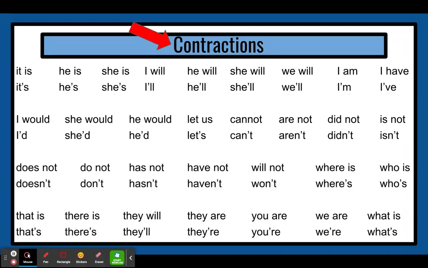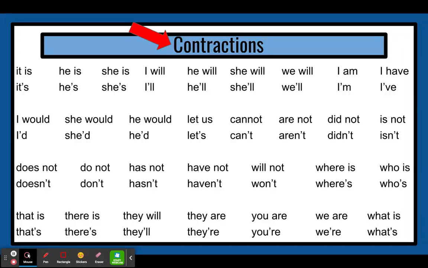And the other kind of their is showing possession. It belongs to them. That is their house. This is different. This says they're, and that means they are. Like they're on their way over to my house. They are on their way over to my house. So there are the other two theres that sound almost the same, but we don't want to get confused. This one means they are.